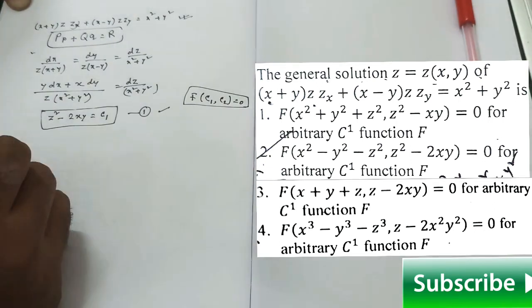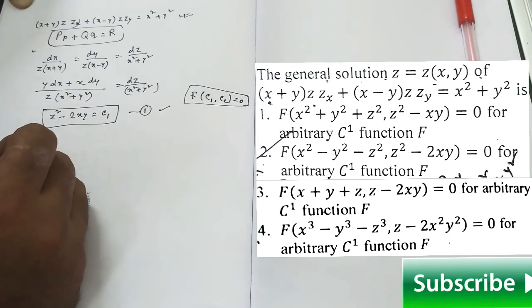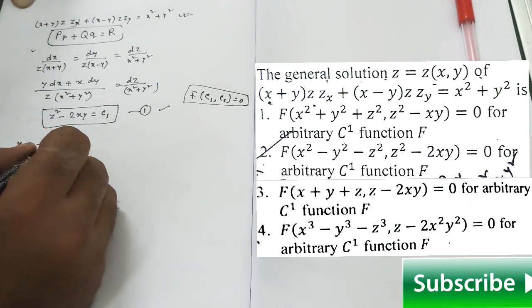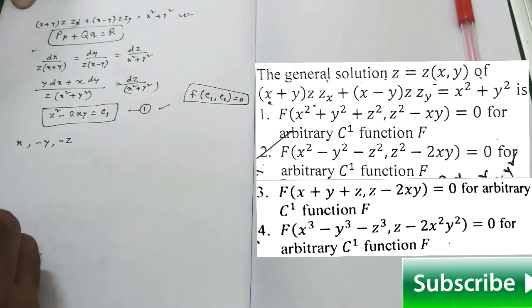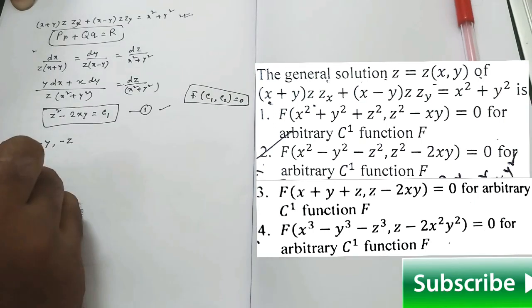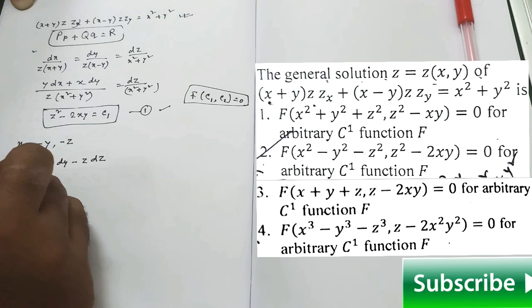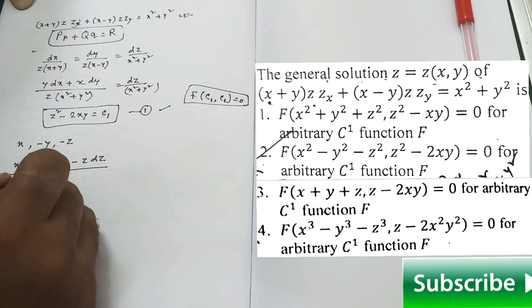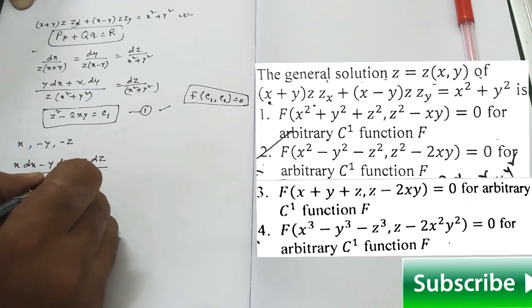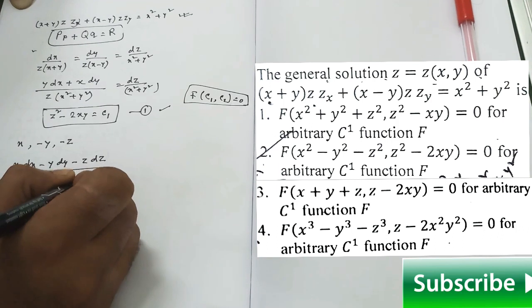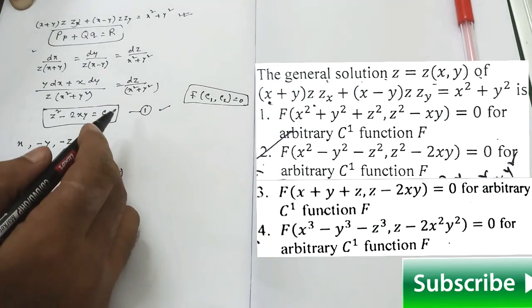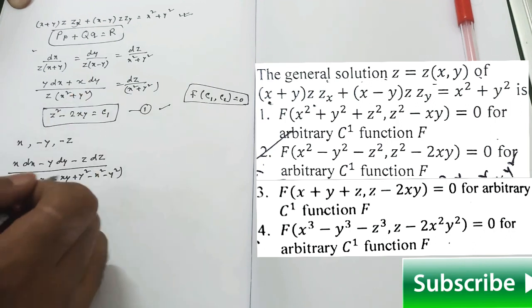Now to find another relation, all you need to do is take the multipliers this way: x, minus y and minus z. Finally you will have x dx minus y dy minus z dz, and this term you will have x square plus xy minus xy minus x square minus y square, and every ratio will be equal to this one.